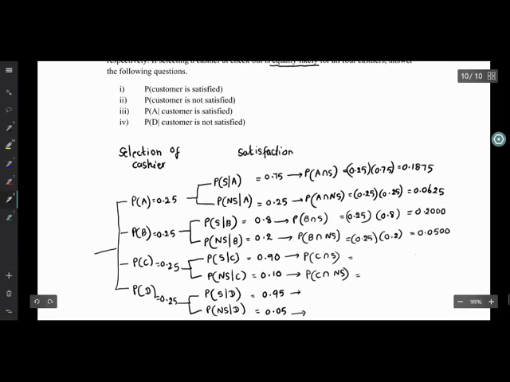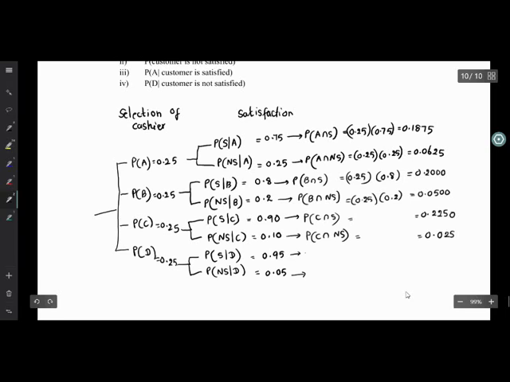We can do the multiplication and the answer will be 0.225 and 0.025. For the last one, service from cashier D and satisfied, you will get 0.2375. Finally, D and not satisfied, the probability is 0.0125. As I mentioned earlier, if you add all these 8 probabilities, it should give the total probability 1, so you can double check your calculations.